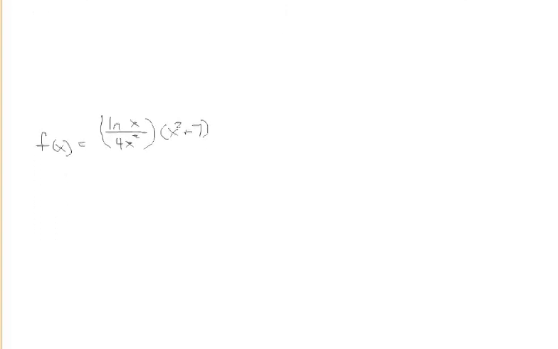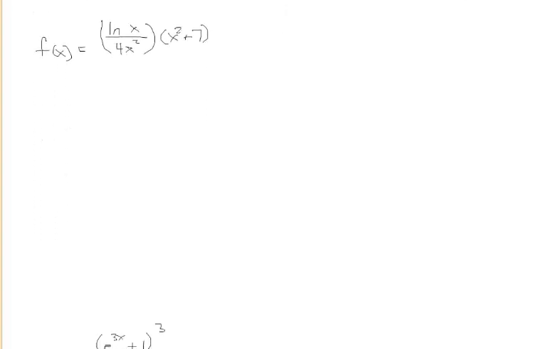This next problem is again the quotient rule and the product rule, but this time we're going to start with the product rule. And then when we take the derivative of our first term here, we're going to use the quotient rule. So we have f of x is equal to ln of x divided by 4x squared, times x squared plus 7.